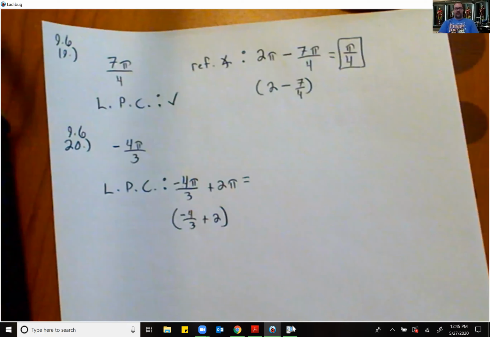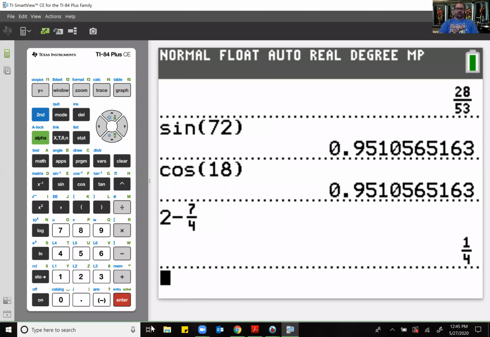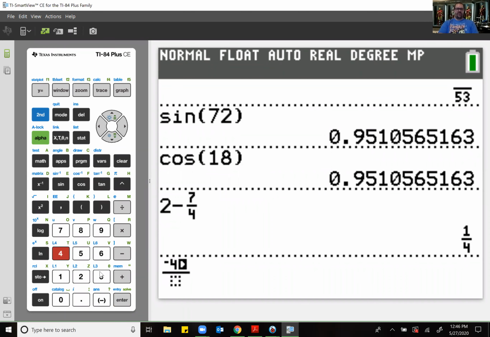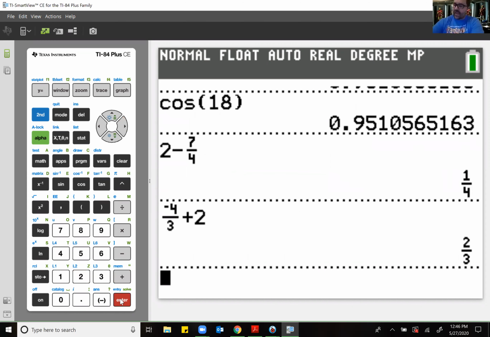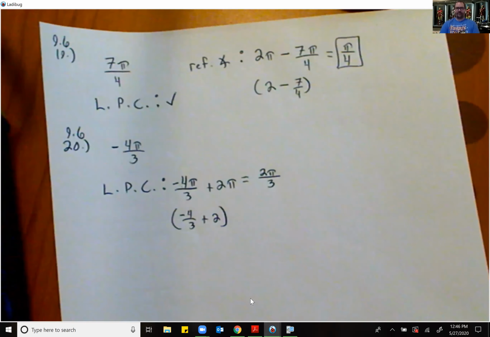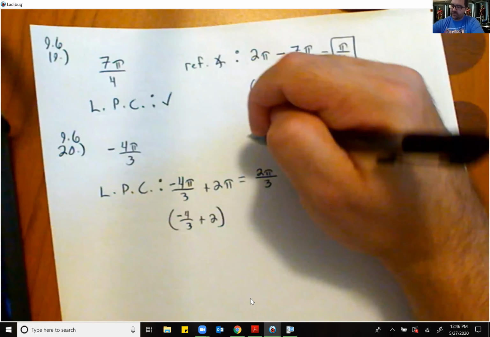So run to your calculator. Negative 4/3 plus 2. So now we've got the positive, or I should say least positive coterminal angle of 2 pi over 3. There it is. Okay? So now we can start finding the reference angle.